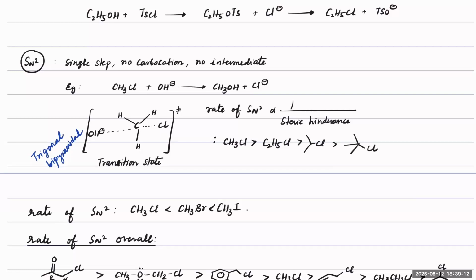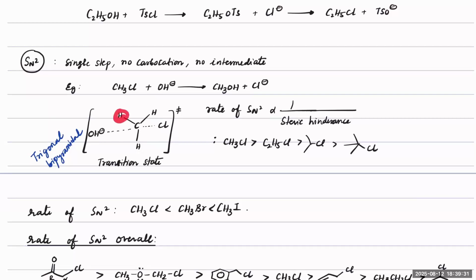And now, what is the rate of SN2? It depends mainly on the steric factor. If these hydrogens are replaced by some alkyl groups, then the attack of OH minus is delayed. It becomes slower. Clear?